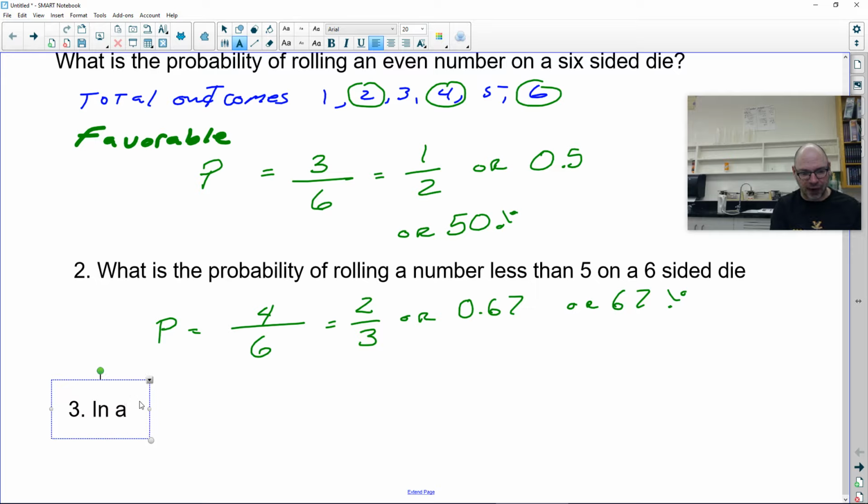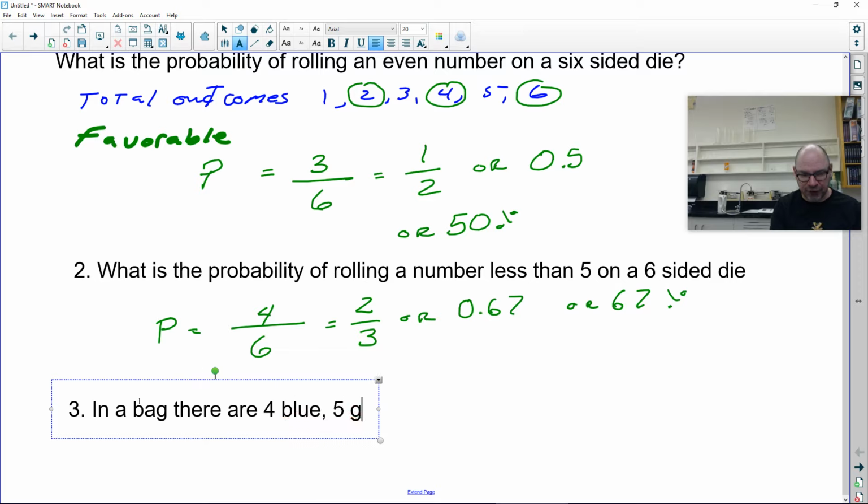In a bag, there are 4 blue, 5 green, 2 yellow, and let's use a different number here.